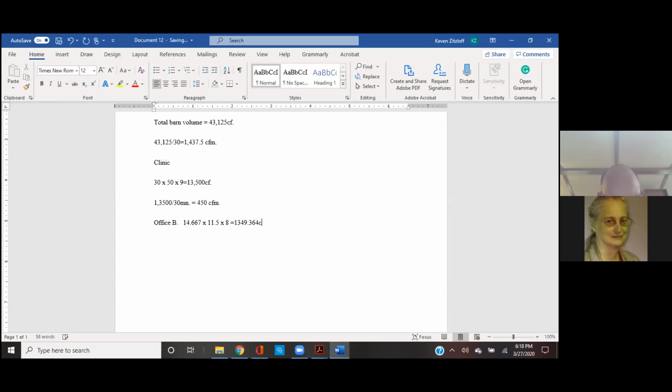Okay, CFMs? No, that's just cubic feet. We haven't figured that out yet. Take that number and divide it by 30 for an exchange every half hour.